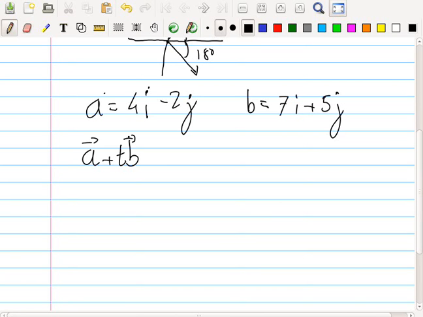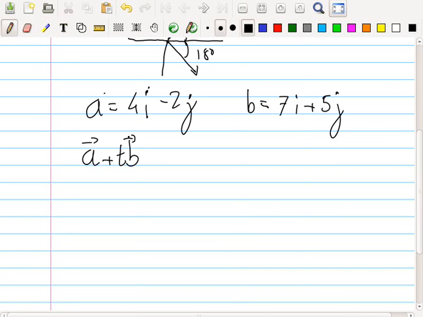So if something is on the y-axis, what does that mean for its values of i and j? On the x-axis. Yeah, it's on the x-axis, so what values does that mean? No j. So the j part should be 0. Okay? Because if you have only an i part, it means it's like this.